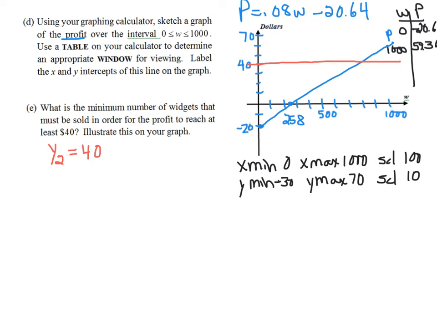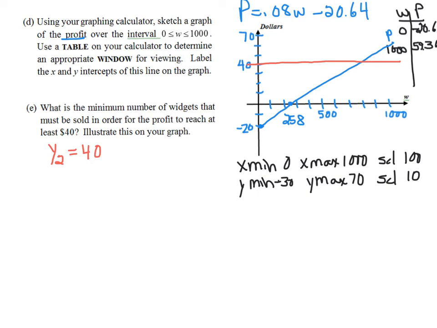Now the next part is to figure out where that 40 intersects with my profit equation. So I'm going to again use my graphing calculator. On the graphing calculator, now that I've graphed both functions, I'm going to press second, calculate, and do the option in the calculate menu that says intersect. Use your right and left arrows to make your cursor go close to the point of intersection.